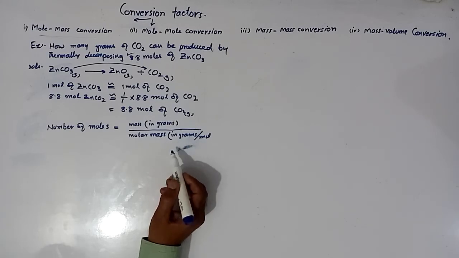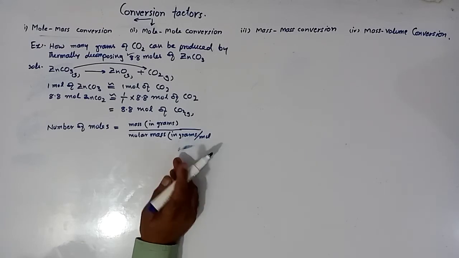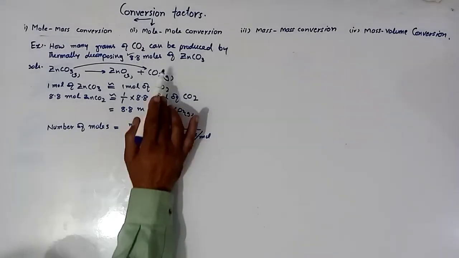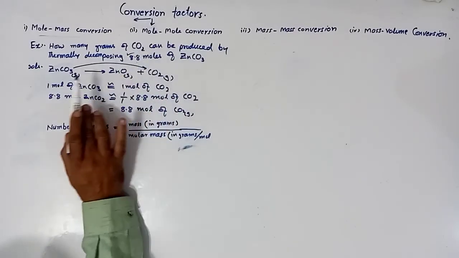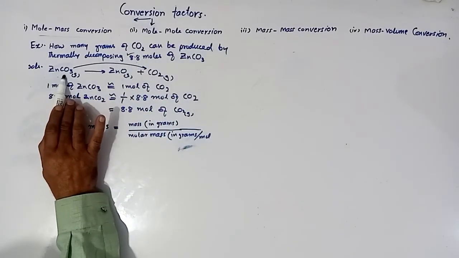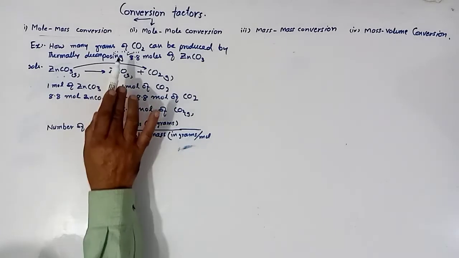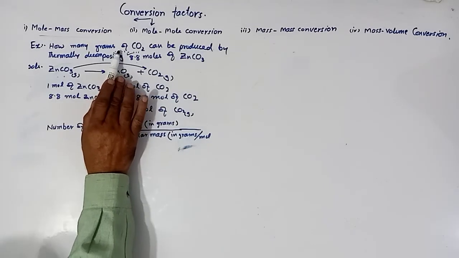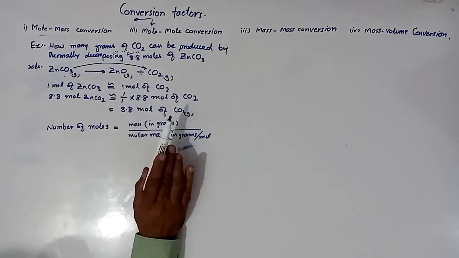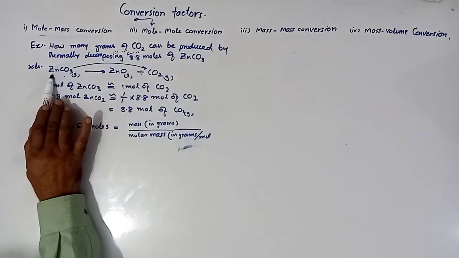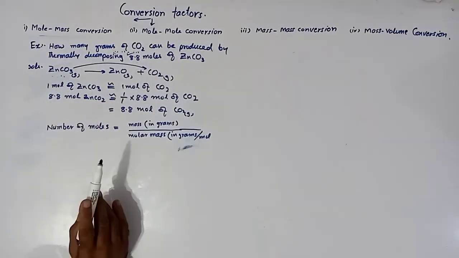But this should be clear to you that here we will use the molar mass of carbon dioxide, not the molar mass of zinc chloride, because we have been asked the grams of carbon dioxide, not the grams of zinc chloride.